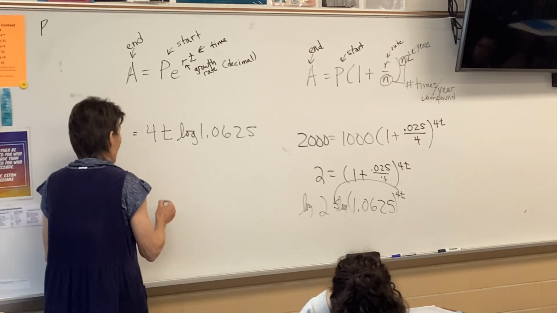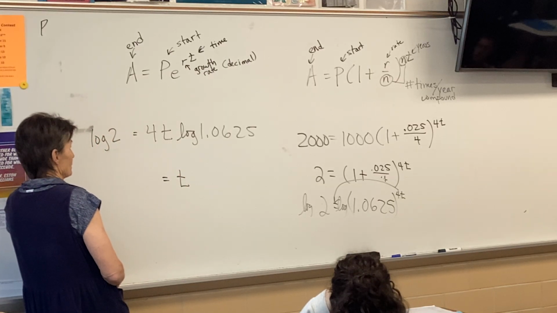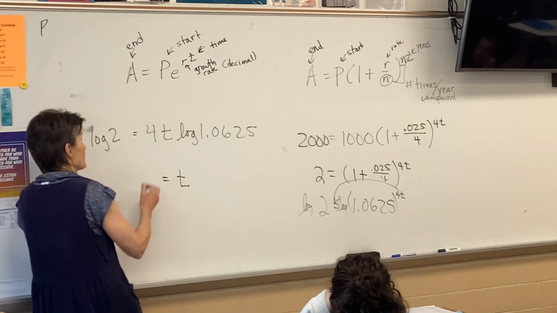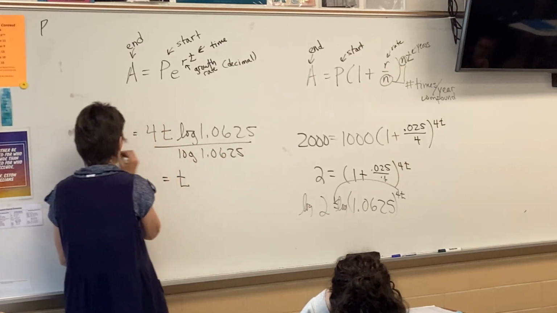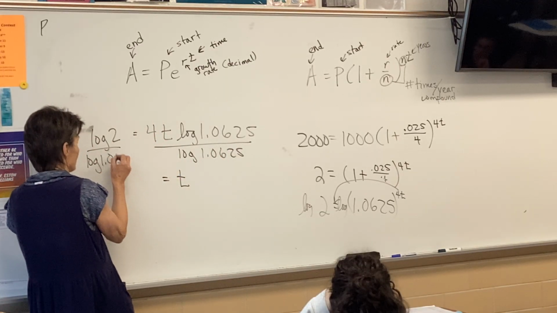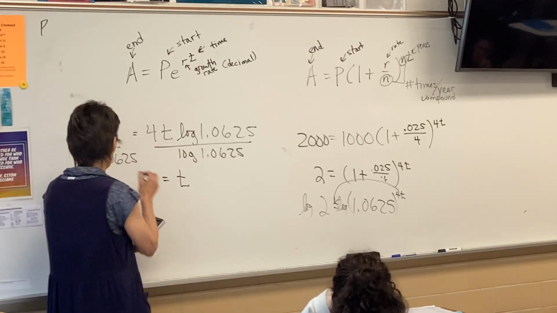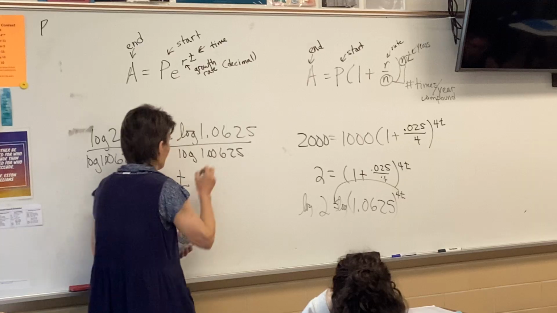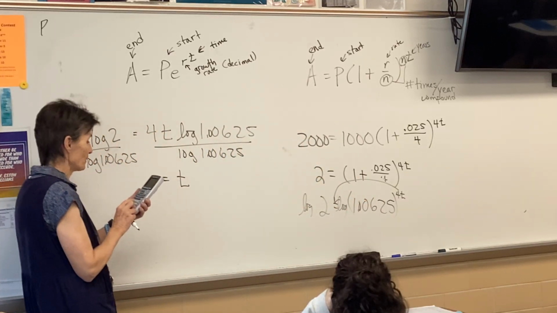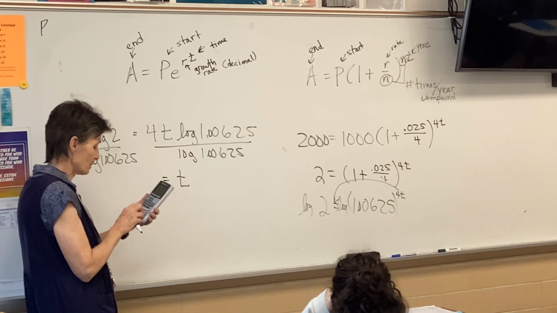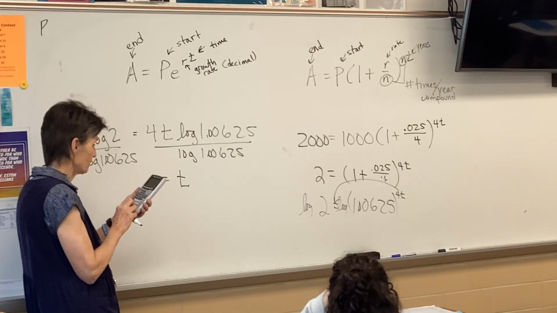Okay. I want to get t by itself. So we need to divide by the log of this thing. So I'm going to have the log of 2 divided by the log of that thing.